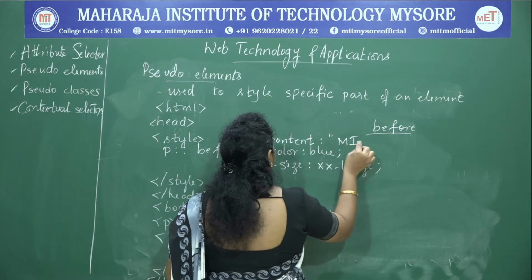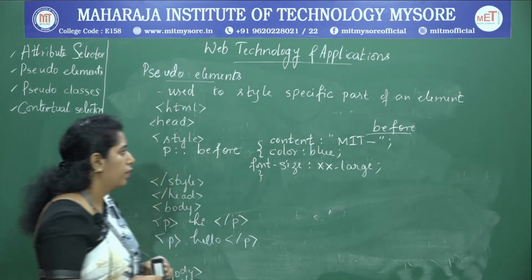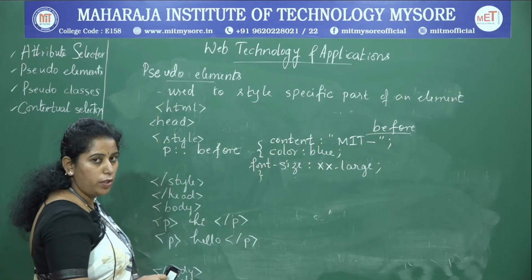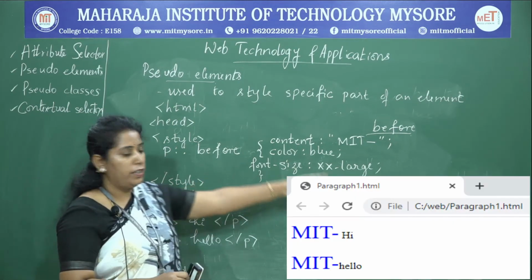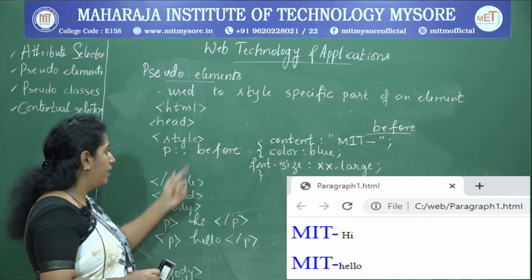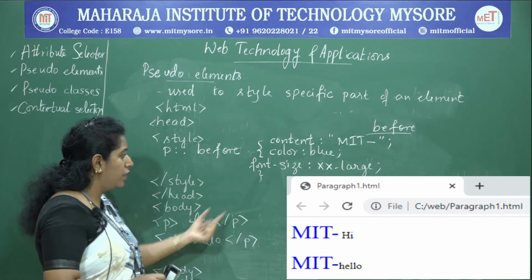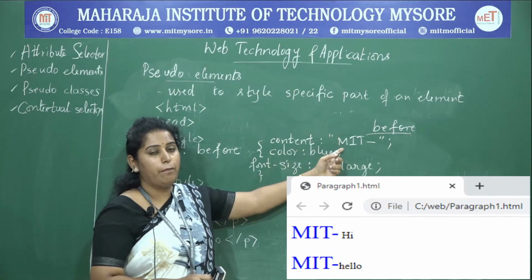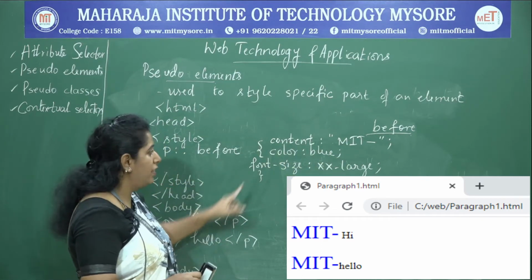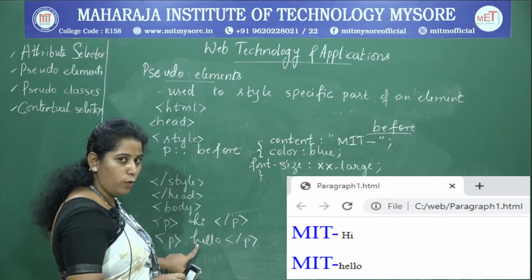For example, I am giving the content MIT like this. Once you run this program, what happens? You can look into the output screen. Hi is printed. Before hi, you have used the before pseudo element, right? So before this message, what content is displayed? MIT hyphen, and then it prints hi, and it is in blue color and large. In the same way, hello.